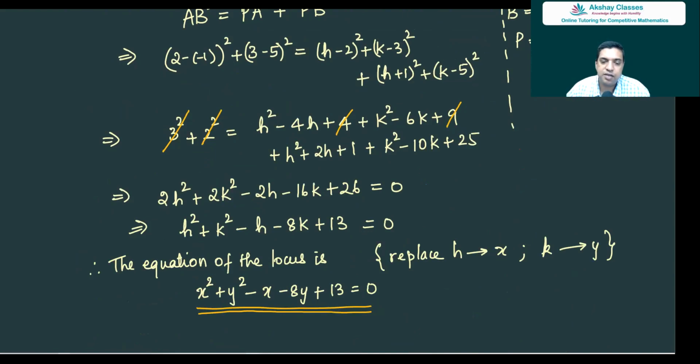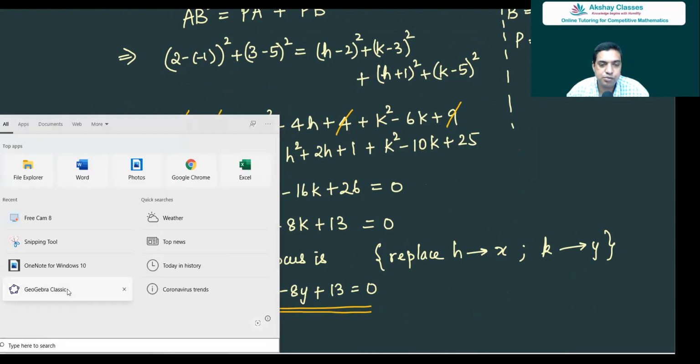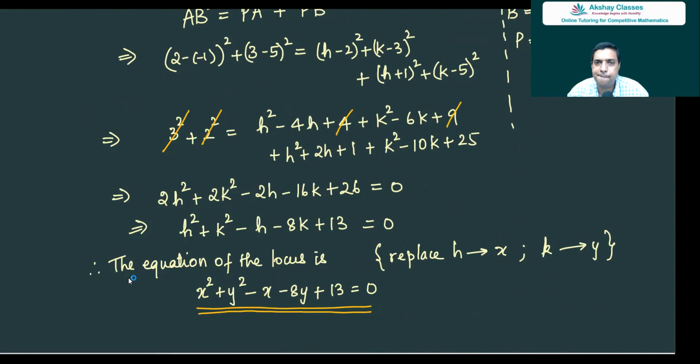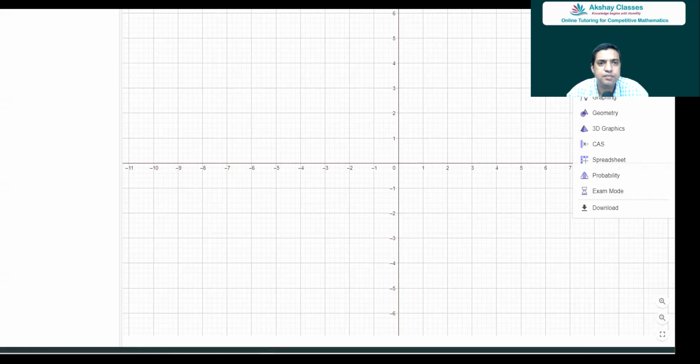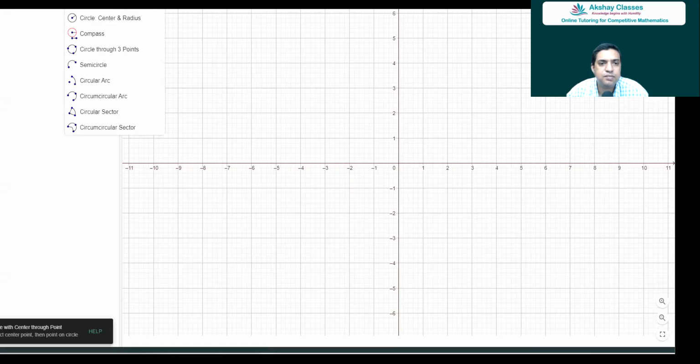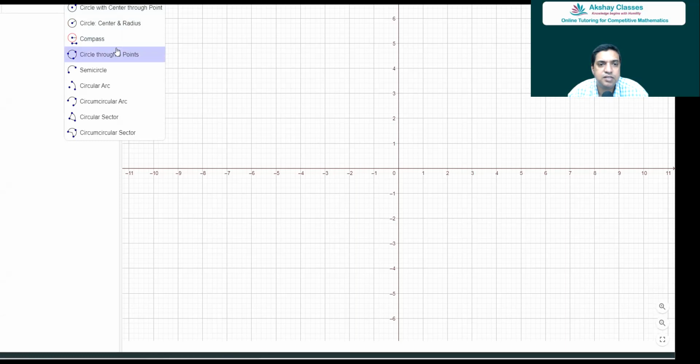I can plot this, but I will show you here. Let me see if I'll be able to demonstrate. Circle, center, radius, compass.